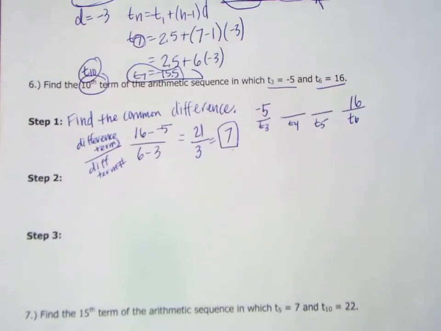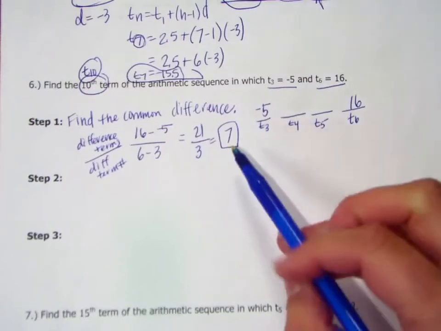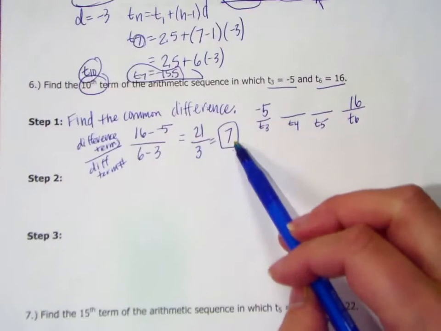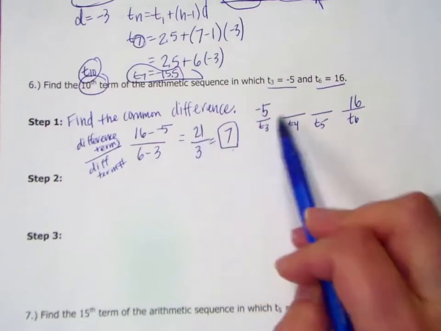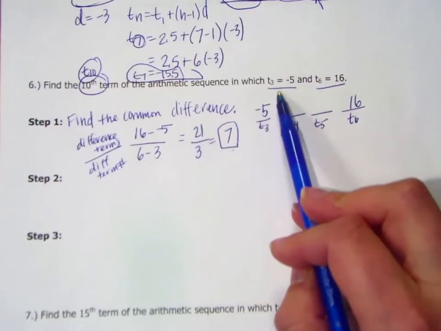All right. What else do I have to know? We still need the first term. Here's where it kind of goes in different directions. We could pretty easily, guys, just use the common difference and work backwards. But again, what if you were given the 50th term?